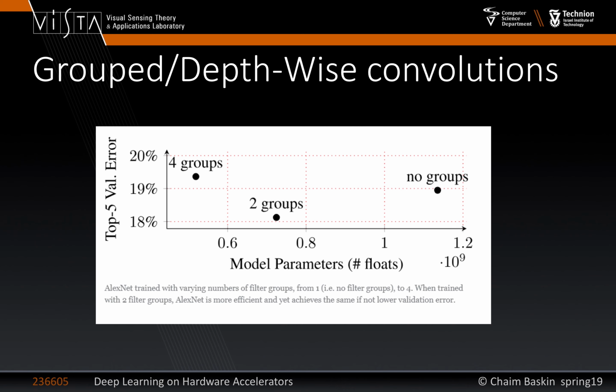And of course, the calculation per step goes down by a factor of the number of groups that we use. So this work proposed how you can do distributed learning by using more GPUs for getting faster results.